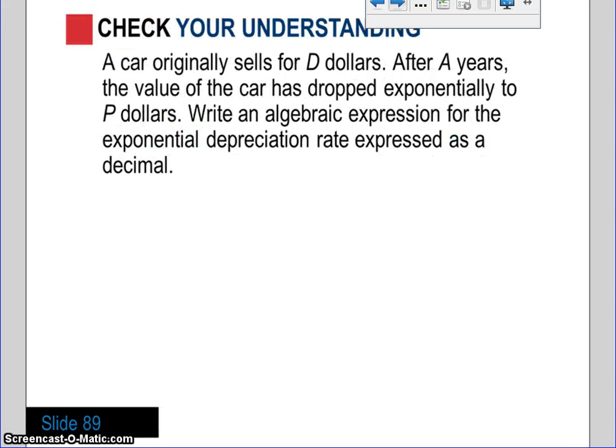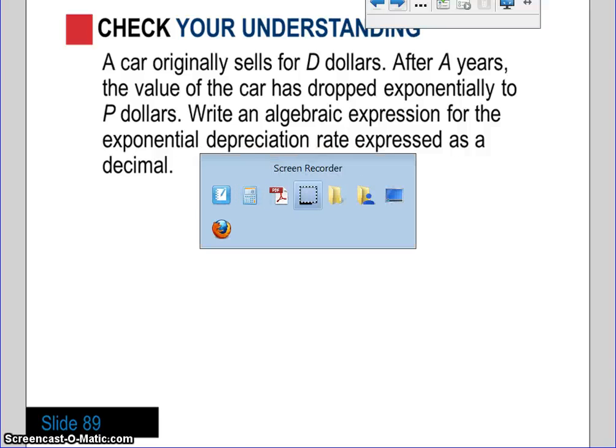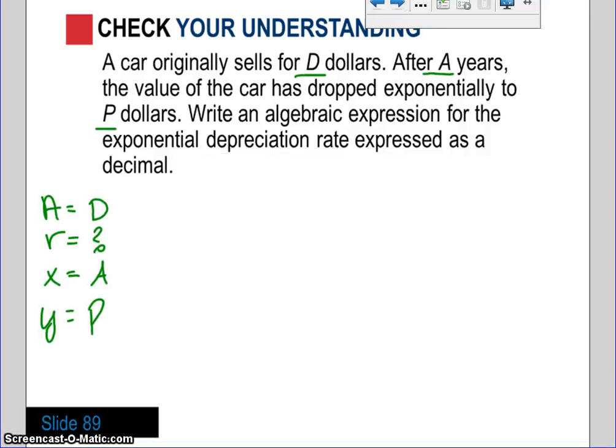All right, please take a second to solve for this. When you're ready, come back. All right, let's see how you did here. When I plug in my values, I've got y is p, so it's p equals d times 1 minus r all to the a power. I need to get rid of the d, so I'm going to divide both sides by d. And that does away with that.